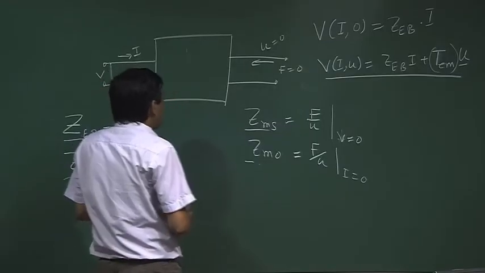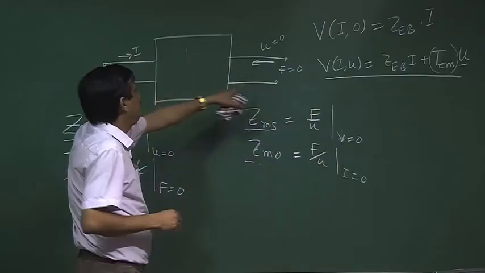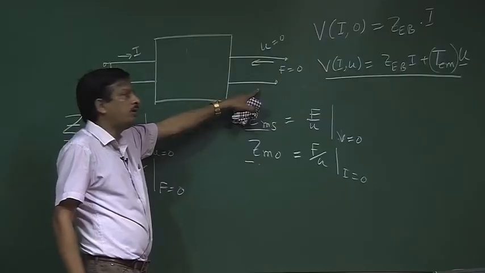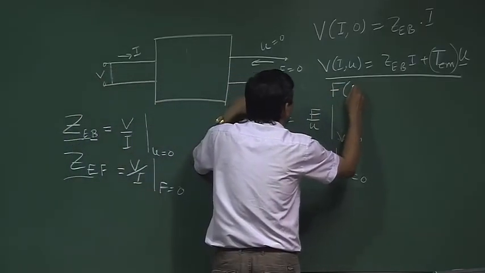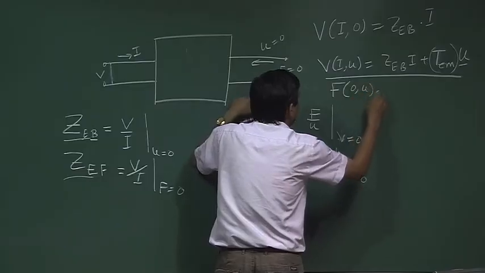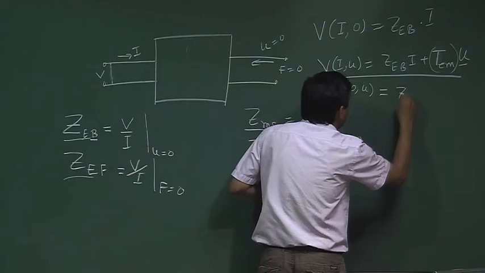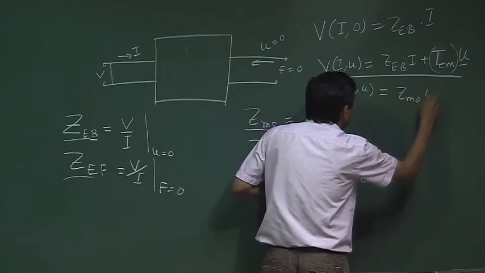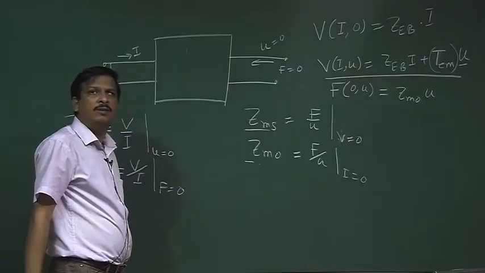Similarly, I can derive the force. If force is only a function of U with I equal to 0, then it is nothing but ZMO into U, impedance into particle velocity.